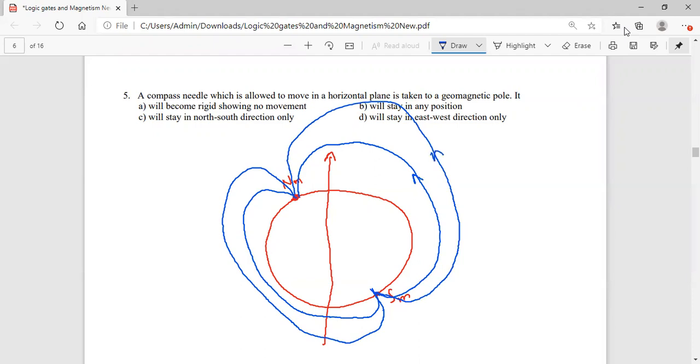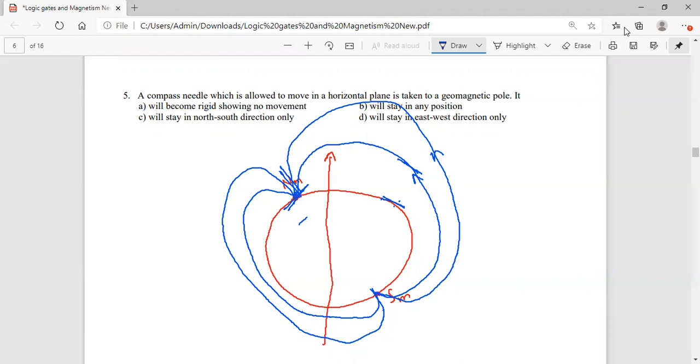That shows that at all the points on the Earth's surface, these magnetic field lines are parallel to the surface. Look here, they are parallel to the surface. But at the poles, the magnetic field lines are perpendicular to the surface.